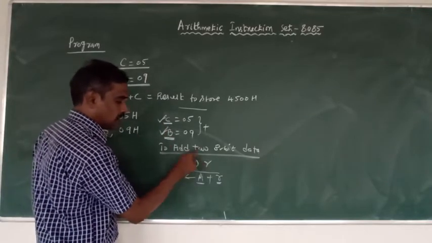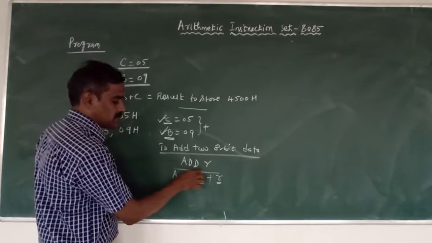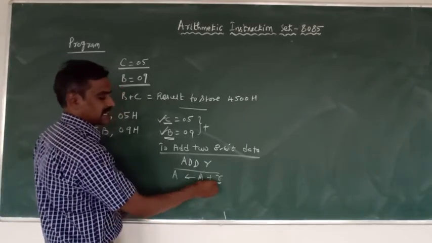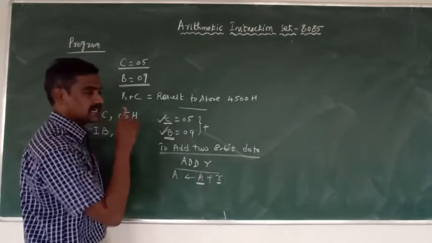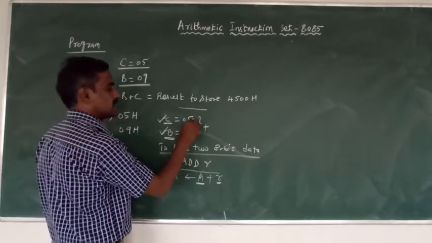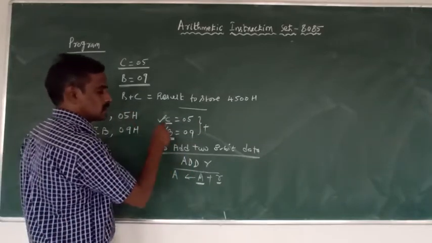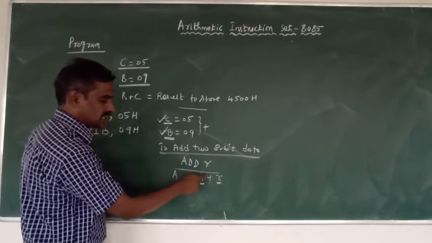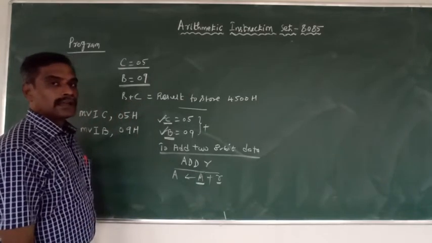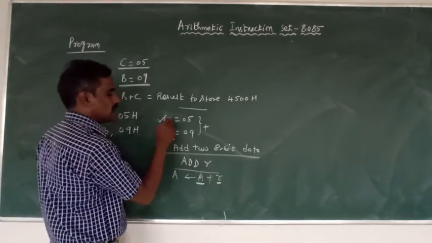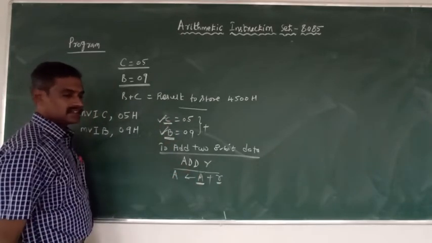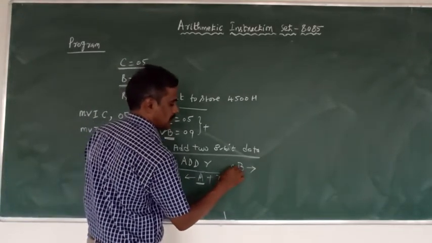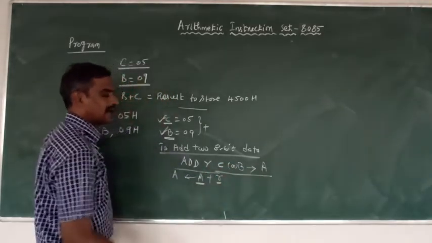But the instruction ADD R means one data is compulsory in A register, and the second data will be any one of the 6 general purpose registers. Since both data are in general purpose registers, for adding we have to move any one data to the accumulator, either B register data or C register data.